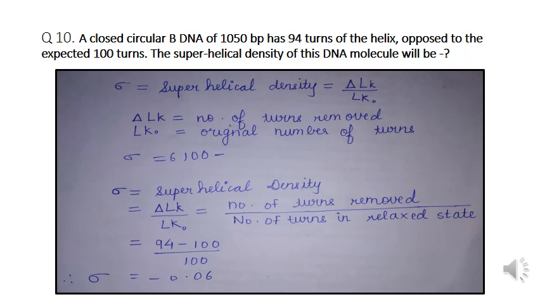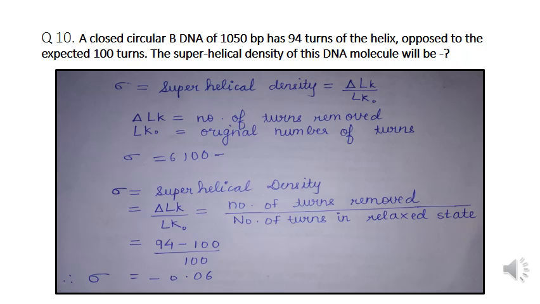The twist is how many times one DNA strand twists around another DNA strand, plus the number of turns that particular DNA takes around the helix. The sum of these two quantities will give you the linking number. But superhelical density is the ratio of the number of turns removed upon the number of original turns.